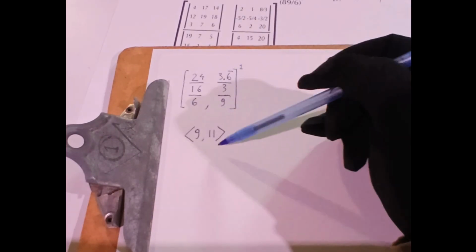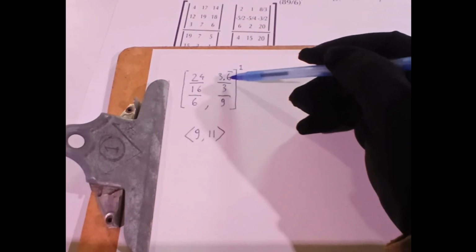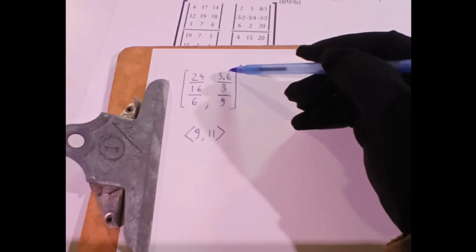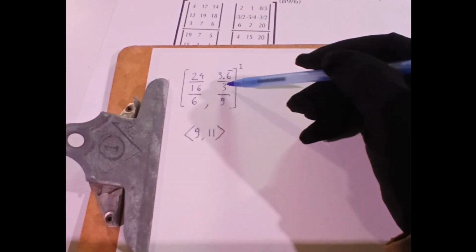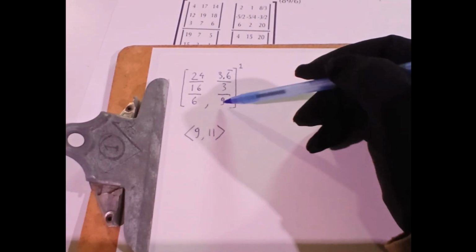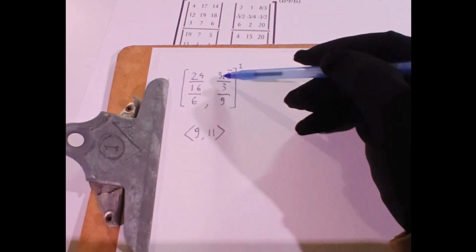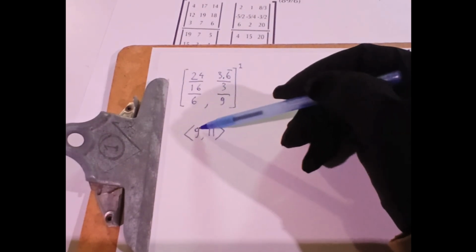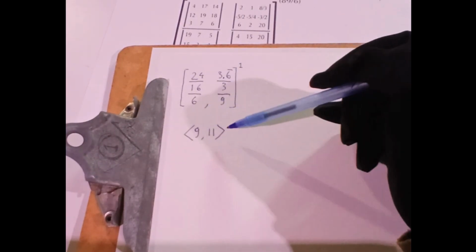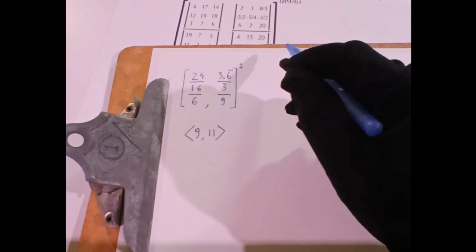I kind of gave away the theme already. 3.6 repeating divided by 3 divided by 9. And once you divide these, you just get 911. So the idea is to get the number 911 as a vector, hence commemorating the events of September 11 of 2001.